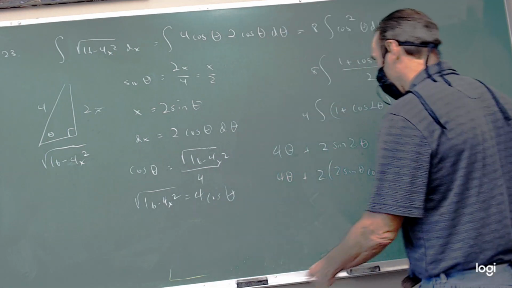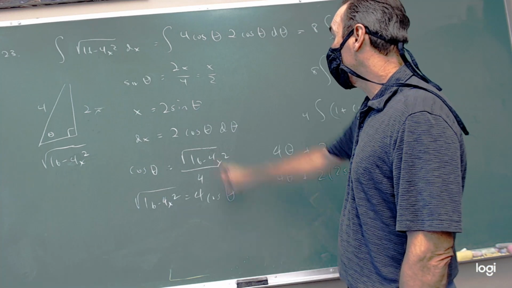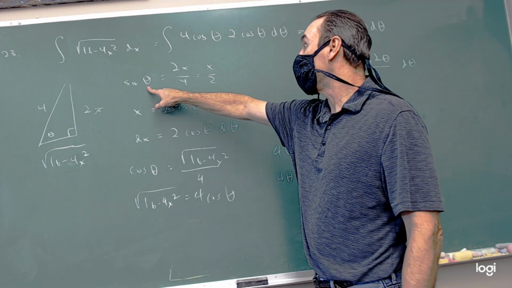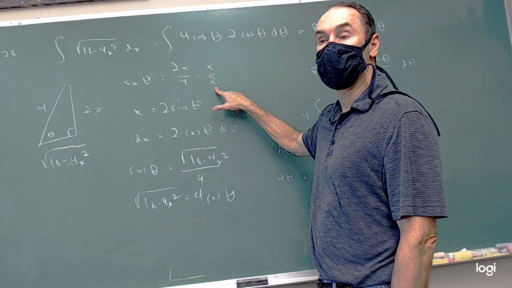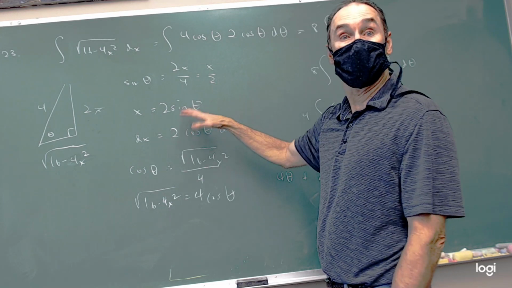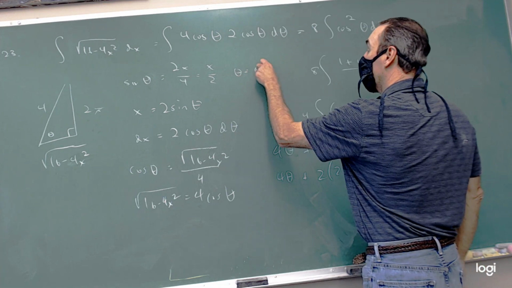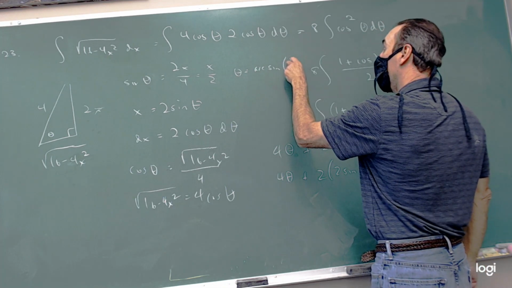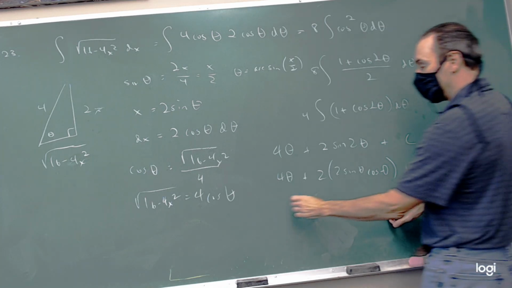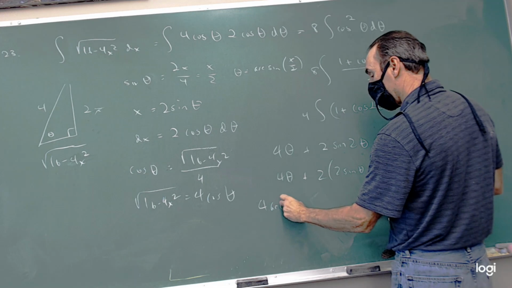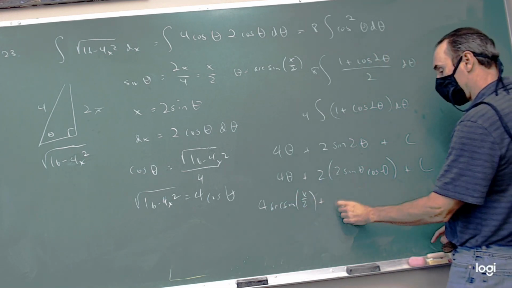So now we're in business. Back over here, we need to solve this for theta. So we have sine theta equals x over 2. We're going to have to take the inverse sine, or the arc sine, whichever you want to call it. So theta is going to be arc sine of x over 2. So that's going to be 4 arc sine of x over 2, plus that's going to be 4.